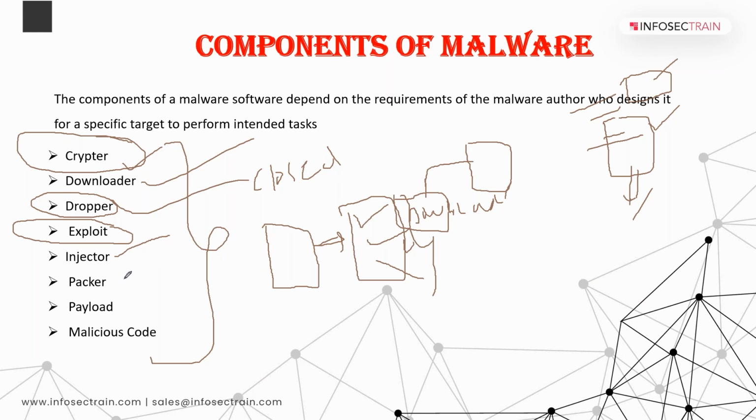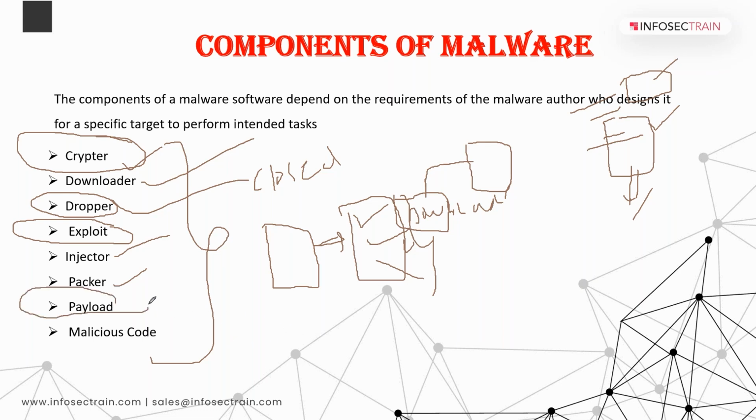So it will change the behavior of the particular process. And the packer is software that converts the code and data of the malware into an unreadable format, so that it cannot be understood by a security professional when analyzing it. It uses compression techniques in order to pack that particular malware.